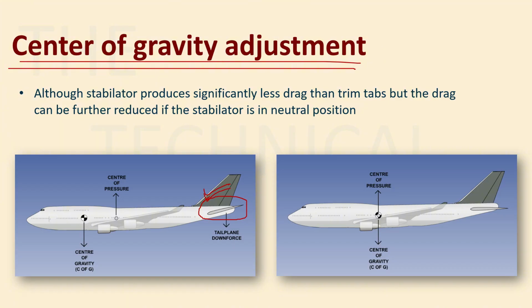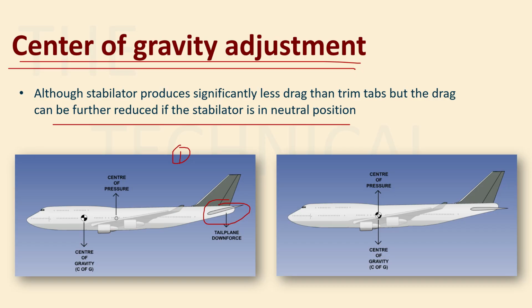So your all moving tail is a lot better than your trimming tabs, right? But you can reduce this drag further by moving the stabulator to neutral position.